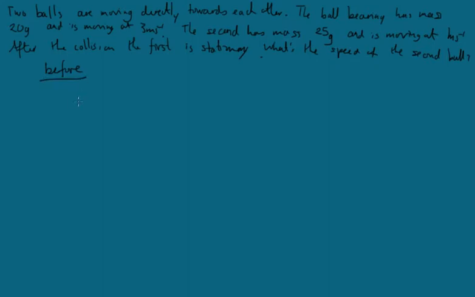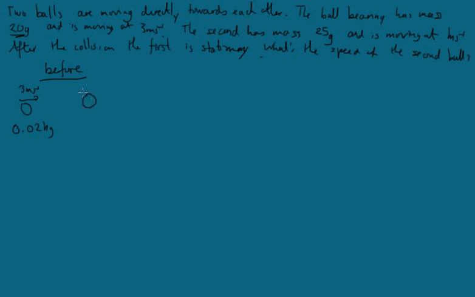Think about the momentum before the collision. We have our first ball, and that's travelling at 3 meters per second. Now note here, the mass is 20 grams. We have to write that as kilograms, so that'll be 0.02 kilograms.